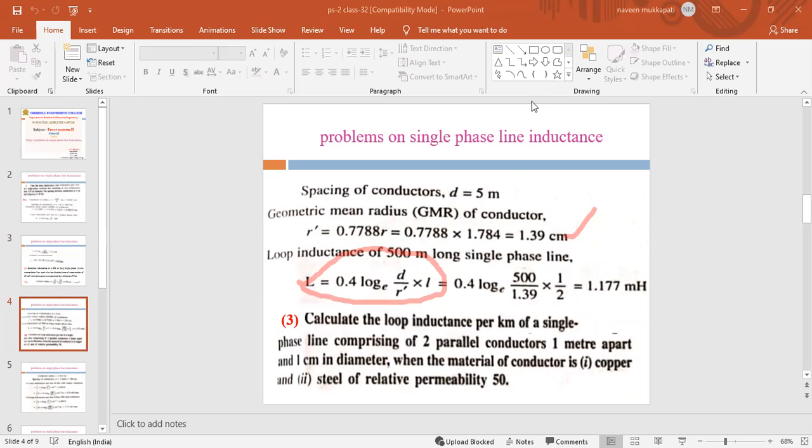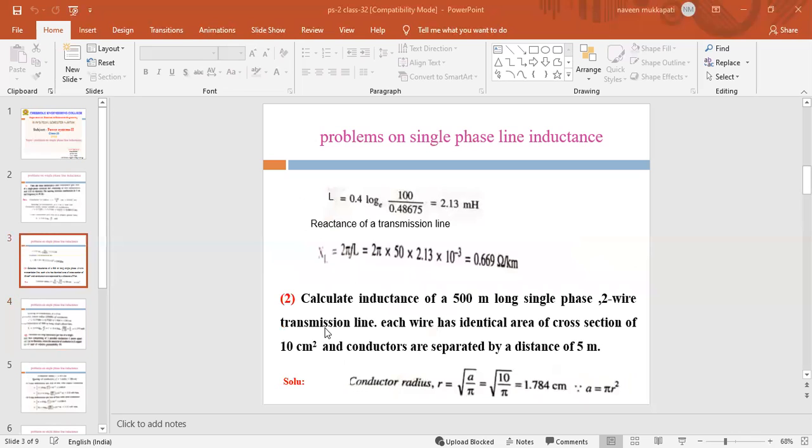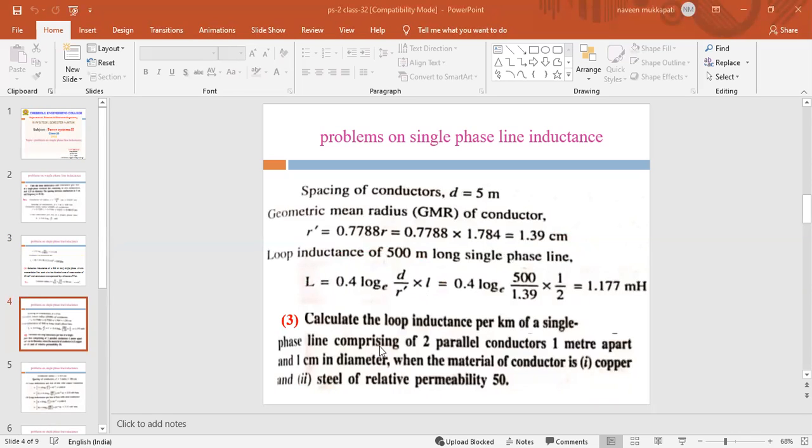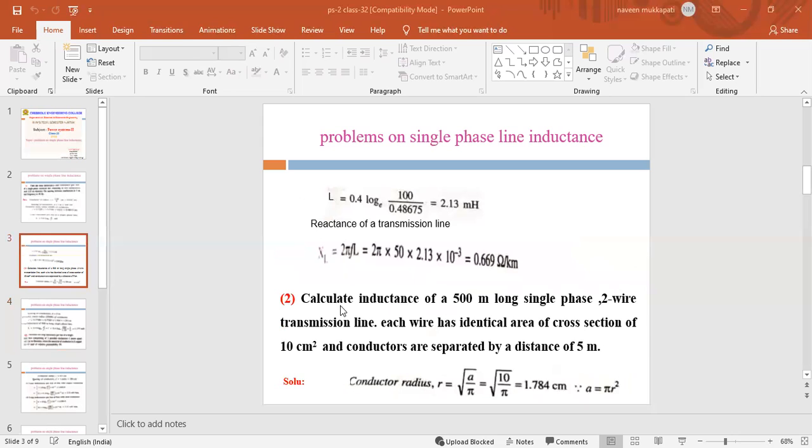Next we calculate the loop inductance per kilometer of a single phase line. Why? Because in that problem we calculated the inductance of a 500 meters long line.